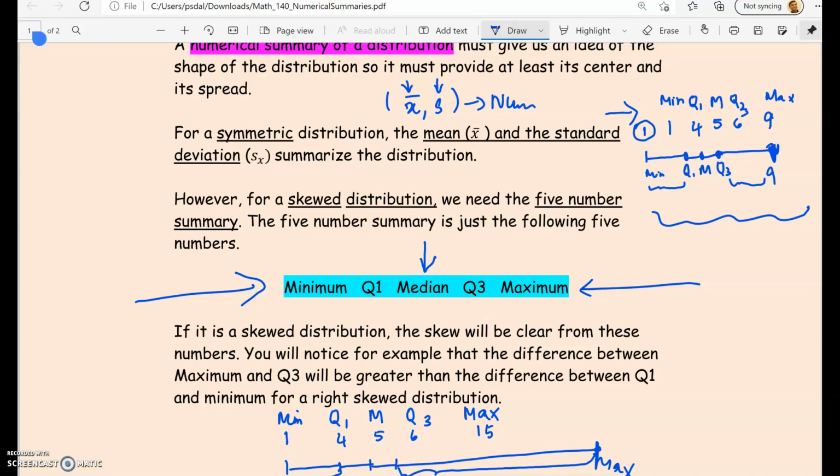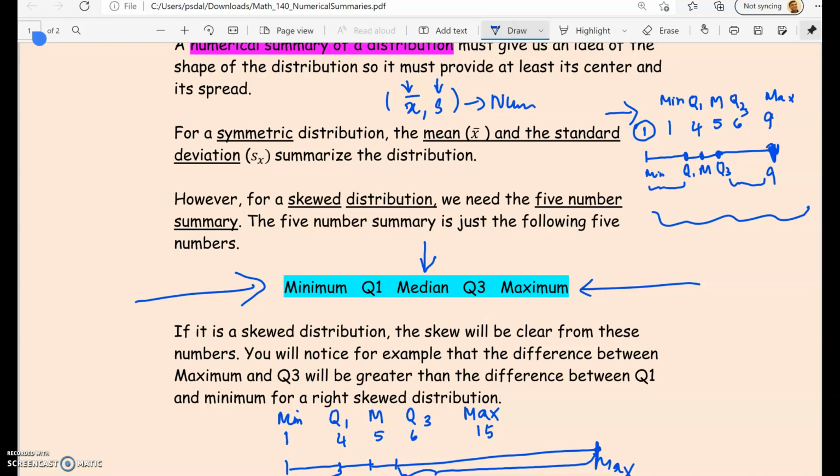So to summarize, a numerical summary that describes only the center of a symmetrical distribution can be either the mean or the median. A numerical summary that describes only the center of a skewed distribution is the median rather than the mean, because the mean gets pulled in the direction of the skew.